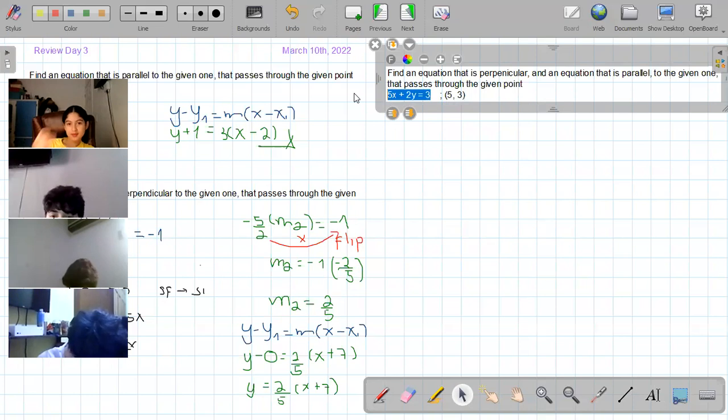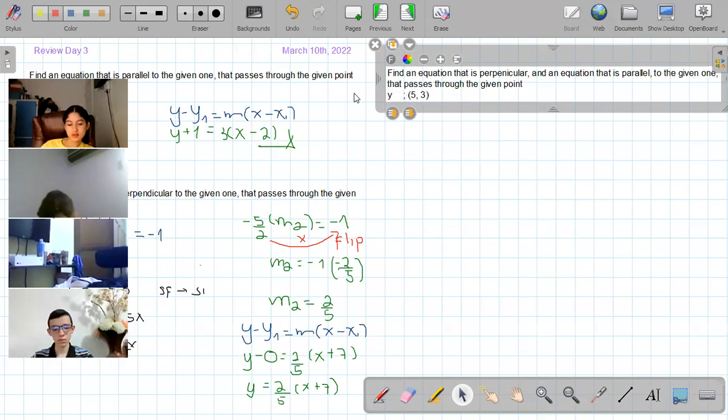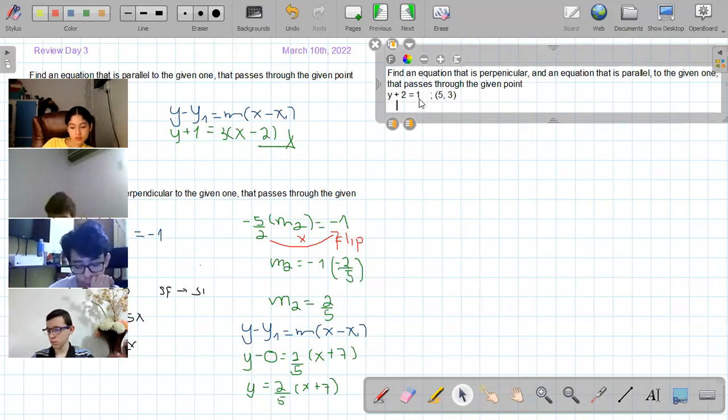And my equation is going to be y plus 2 equals 1/3, parentheses, x minus 9.